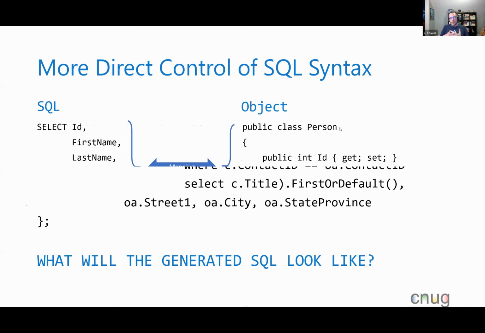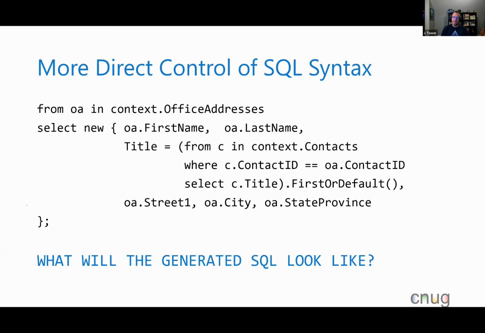If anybody's ever worked on a larger project or in a company where there's a database developer or database administrator who cares about this sort of thing, or maybe you've had SQL queries that have not performed well and needed to be tuned in your application, well, you know that when you write a query like the one that I'm showing right here, which is very powerful LINQ query syntax that we can do in C#, but we all know, I think, unless anyone in the room is a LINQ to Entities expert, I think if we look at this with the subquery going on here with the FirstOrDefault, I don't think any of us is exactly sure what the SQL might look like that this generates.